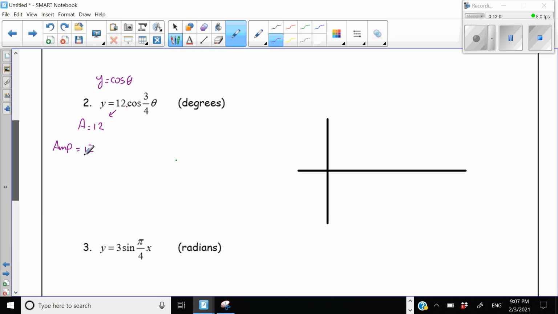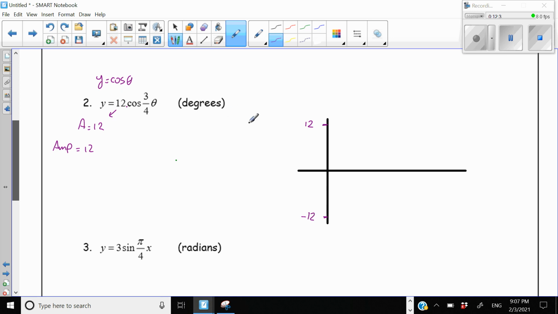The amplitude, as we learned, is the distance between the highest point and the horizontal sinusoidal axis, or the lowest point and the axis. That means the amplitude is going to give me the highest point, let's say 12, and the lowest point, which is negative 12 here. So we have the highest and lowest point of the graph at this point.